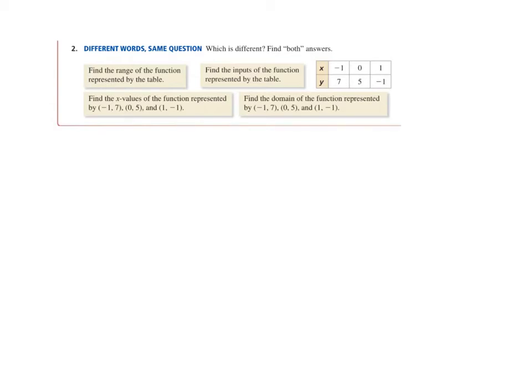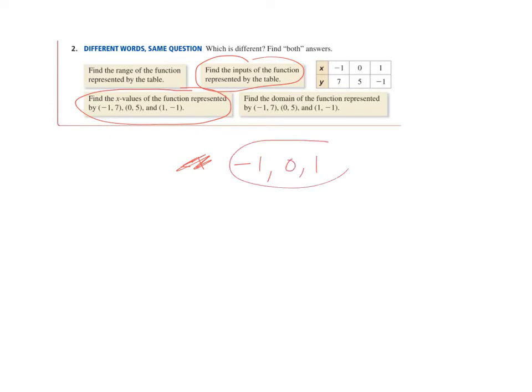The range, those are your outputs. The input of the function represented by the table, and the x value of the function. So these two are the same, right? And the inputs are -1, 0, and 1. That would be the answer to both of those questions.